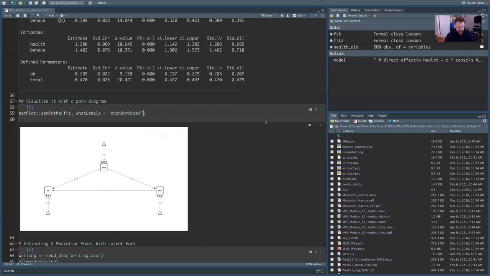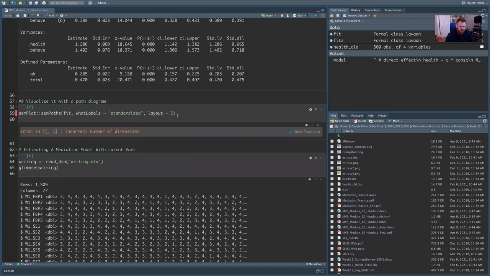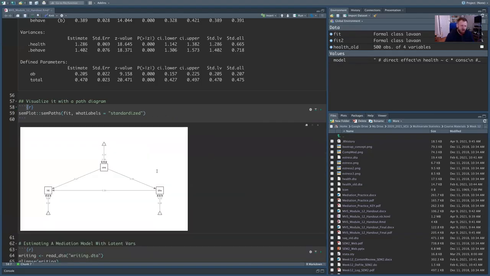I think there is a layout, or yeah, I think it's like layout equals. So I think you can move the pictures around a little bit. I might be way off. Now I'm getting errors, so I don't necessarily know. But I think there is a way to rotate an SEM plot. Maybe it is rotate.